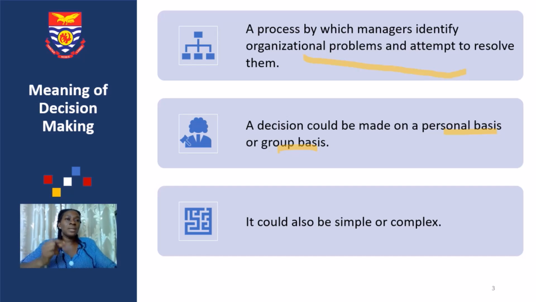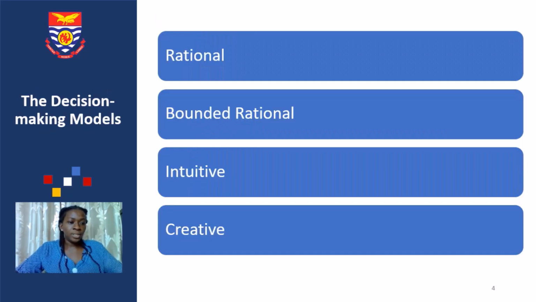It could be as simple as what new table we should buy for a new employee we've gotten, so they have a place to sit, or as complex as developing a new product line for our business. This is how decision making can be in an organization.